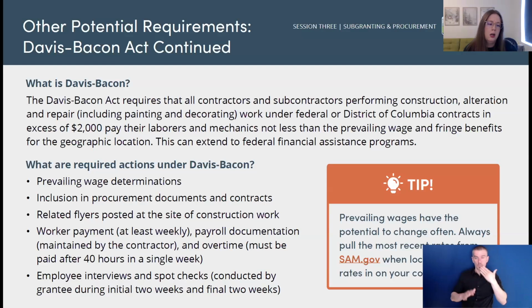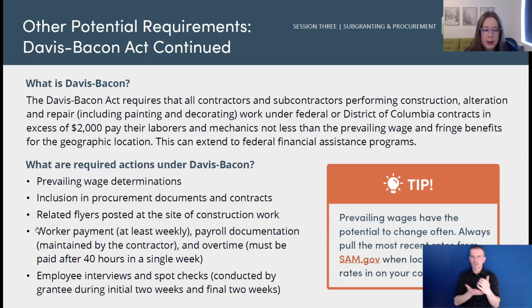Another piece: there are related flyers that have to be posted at the work site, which you can download online. When you're starting your contract, they should also provide you with links to the correct documentation. There are some posters, and you also have to post the prevailing wages.